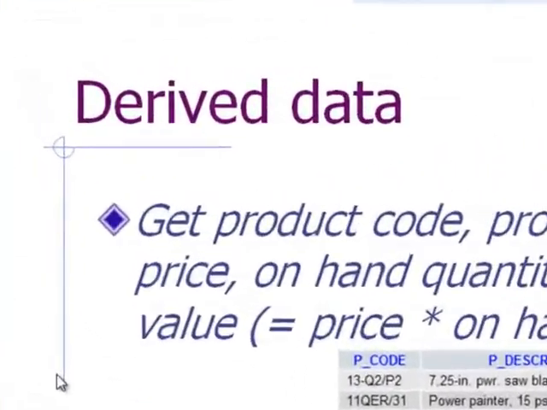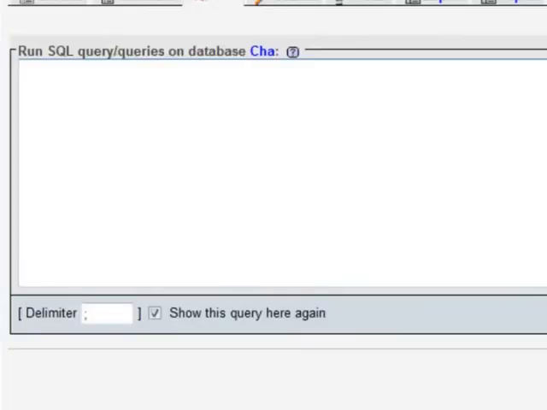So in the server, what we will list is SELECT some existing columns: product code, product description, product price, and product quantity on hand. And then they ask to show the derived value called inventory value, and the formula is given.